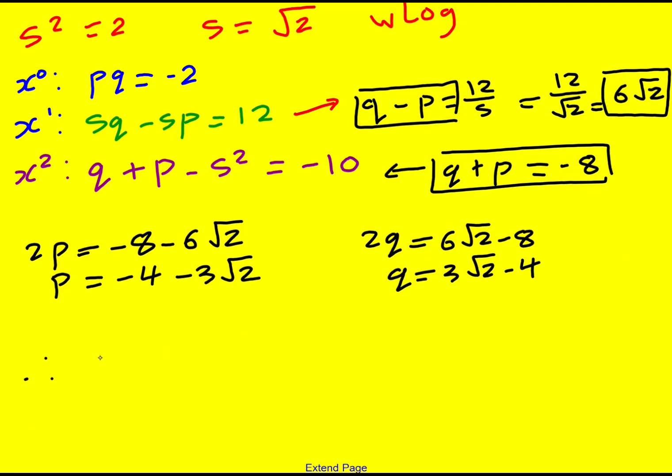And therefore x squared plus root 2x, that was my s, plus p, so minus 4 minus 3 root 2 here.